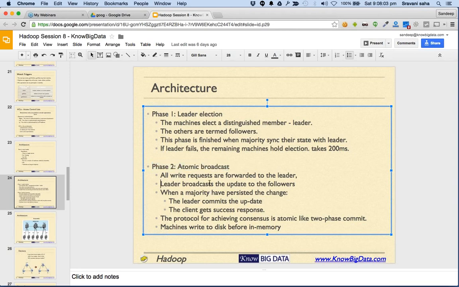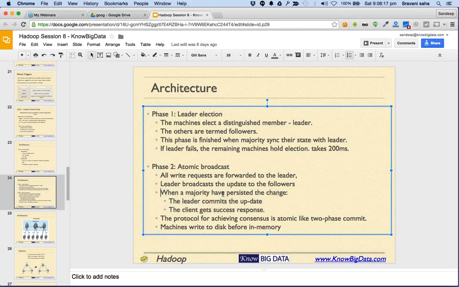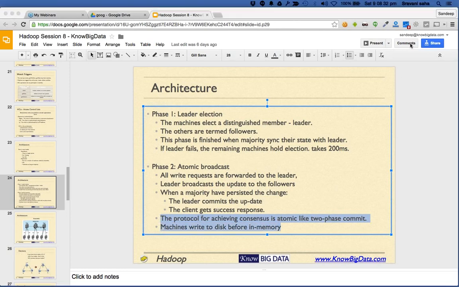Now the leader broadcasts the update to the followers, and when a majority has persisted the change, the leader commits the update. The client gets a success response. The protocol for achieving consensus is atomic, like two-phase commit.